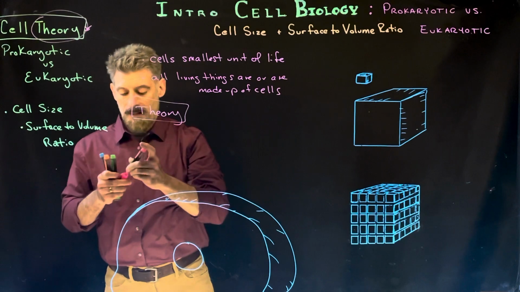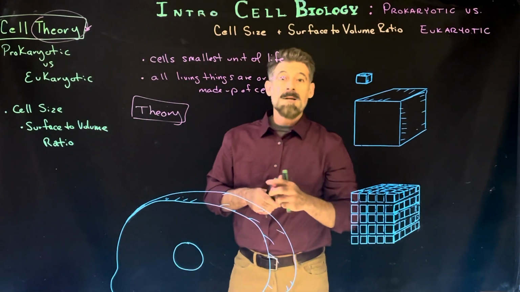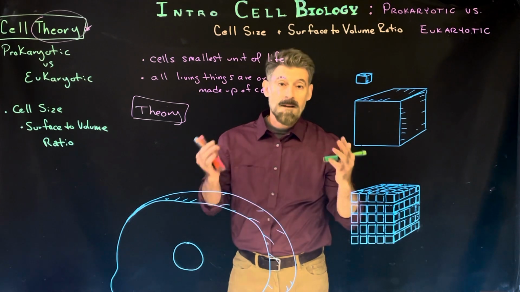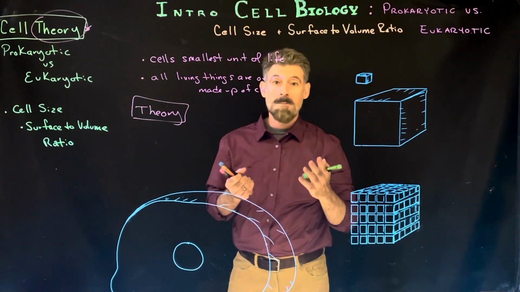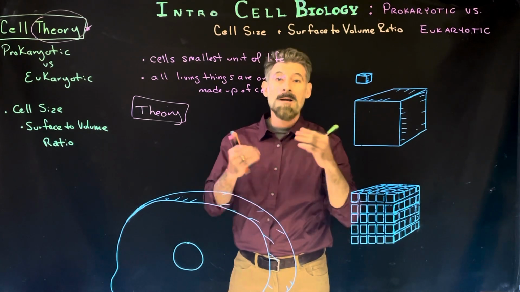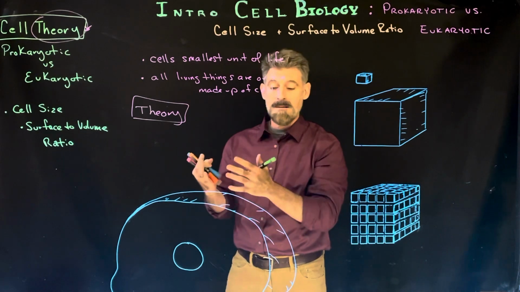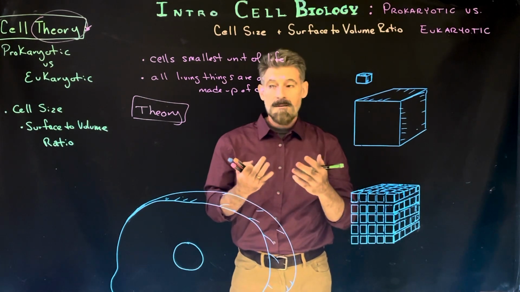So, theory. And this is an important thing to bring up because in biology we have a lot of theories, and most people do not understand what that word means. And your understanding of that word is wrong in terms of science and how scientists discuss theories. The common understanding of theory is an idea.